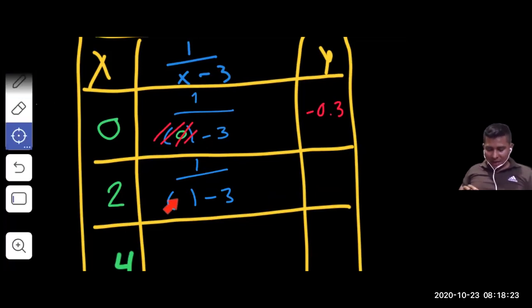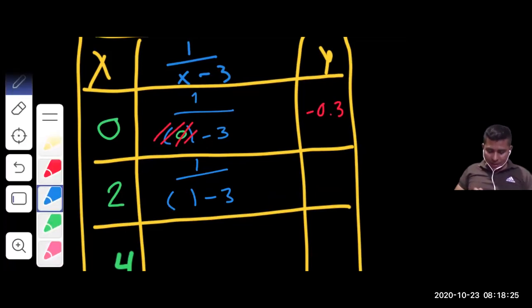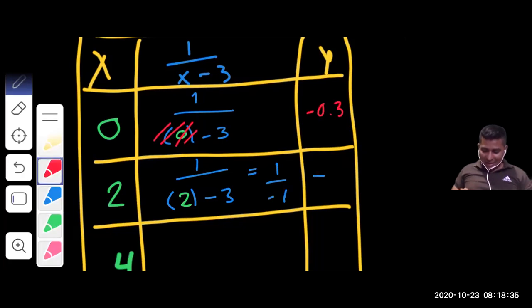The next, 1 over x minus 3. The value for x in this case is going to be 2. 1 over 2 minus 3 is minus 1, right? Negative 1. Excellent.